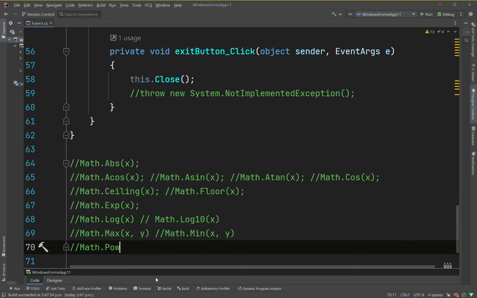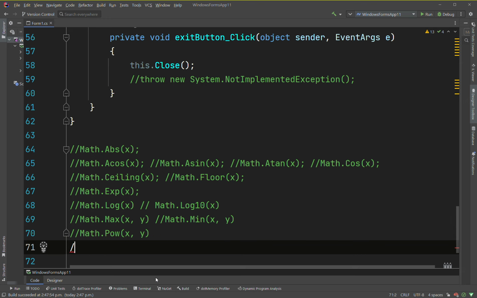You'll probably get tested on this one, x comma y, which returns the value of x, a double, raised to the power of y, also double. The value that is returned is a double. Then we have Math.Round. Takes parameter x, returns the value of x, a double or a decimal, rounded to the nearest integer.